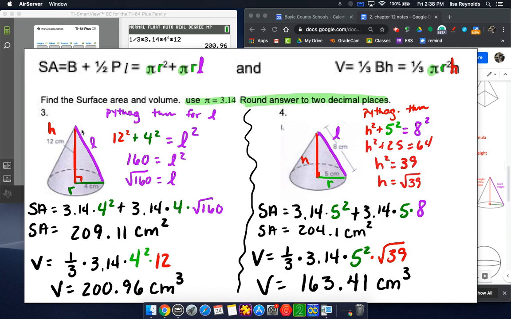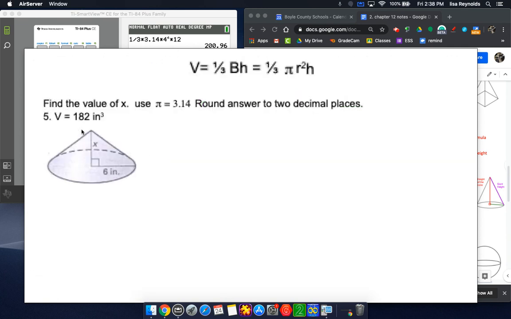And the next question, we're going to use the volume formula to find a missing measurement. So we have the volume formula of 1/3 pi r squared h. They're going to tell us the volume, and we have to find one of the two missing values. So we start out the same way that we've been. So we start looking at our formula.